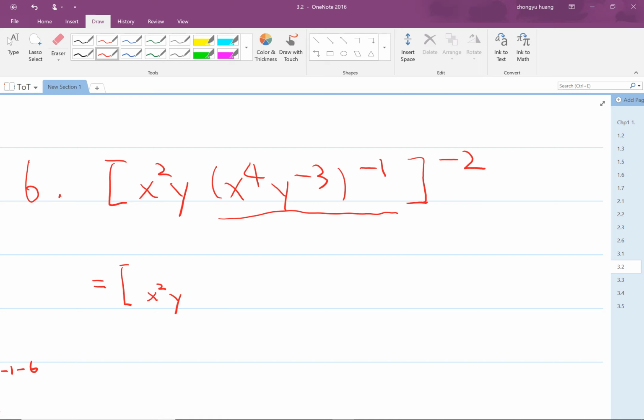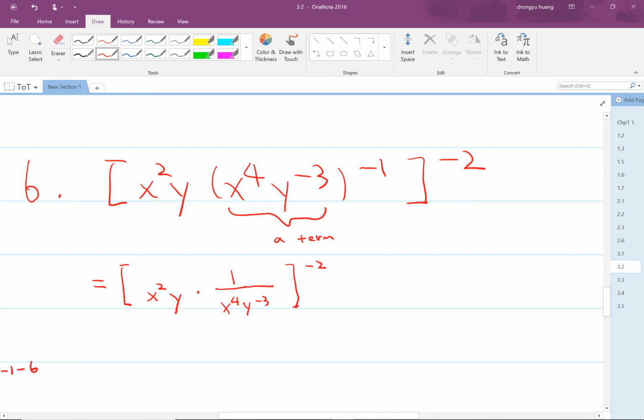As I said before, you need to see this as a term, so it basically becomes 1 over x to the power 4, y to the negative 3, and the bigger bracket outside has the power negative 2.